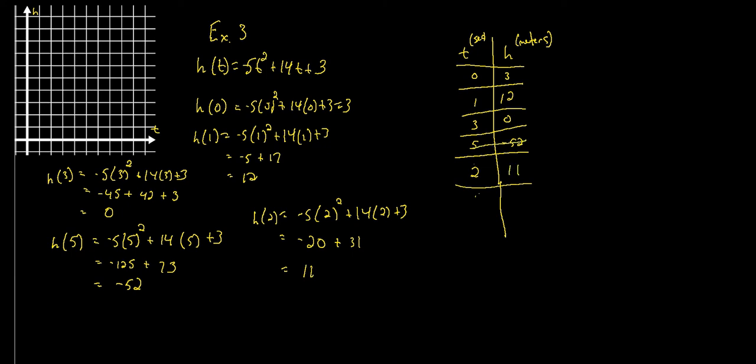So we can just do away with the 5 here, and we can graph the others. So at 0, we are at 3.